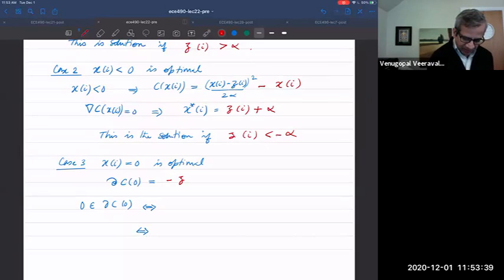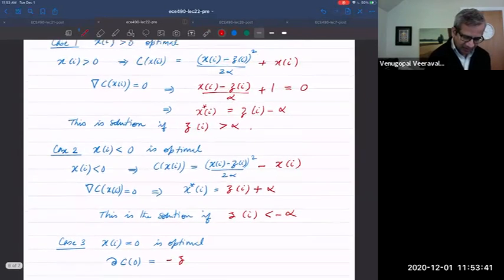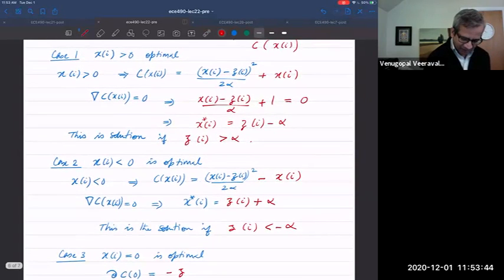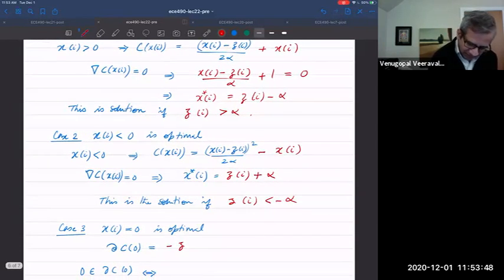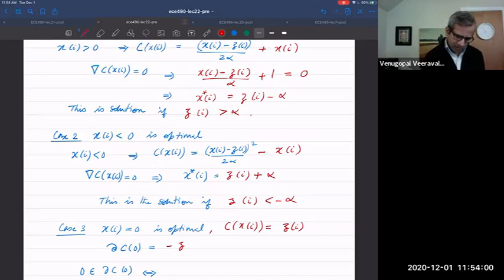The first term is differentiable, so I should maybe be a little careful here and write down what C of xi is. In this case C of xi is equal to zi squared... I want the derivative at 0.